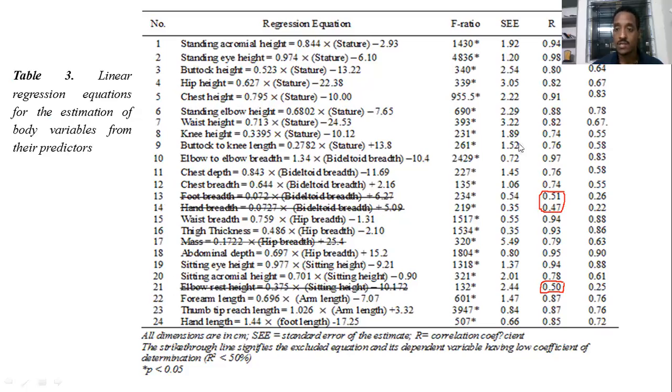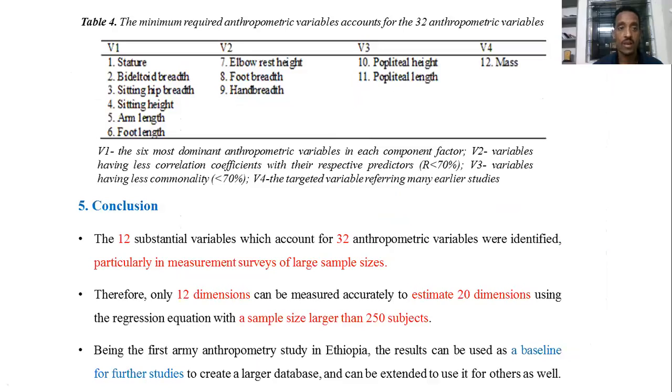Because their correlation coefficient is less. So instead of estimating these variables by their predictors, we have to include them in the minimum data set. That is foot, hand, and airborne rest height. So in total, 21 variables are identified.